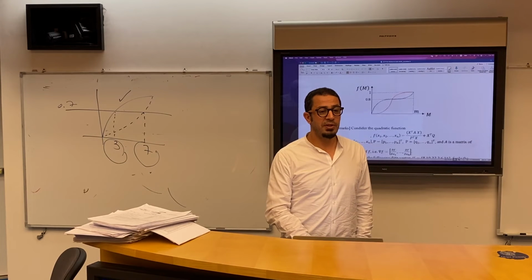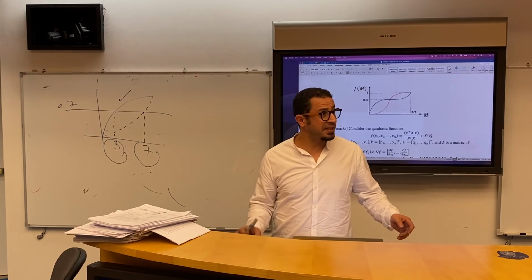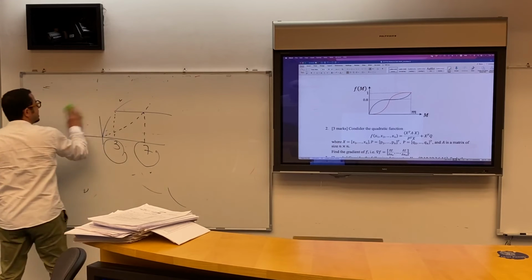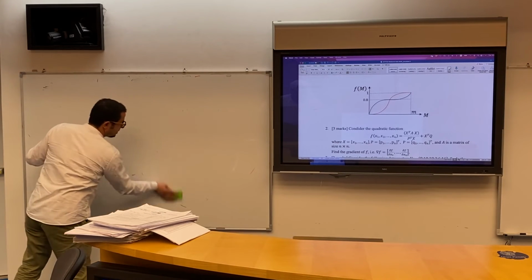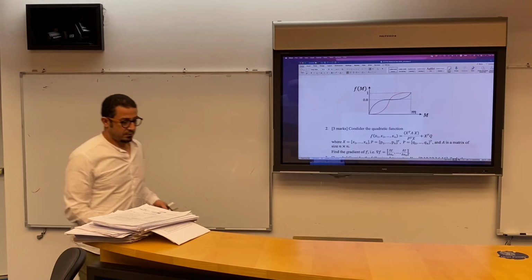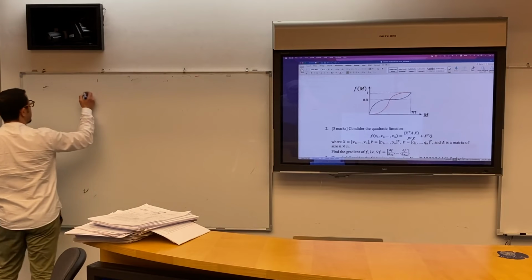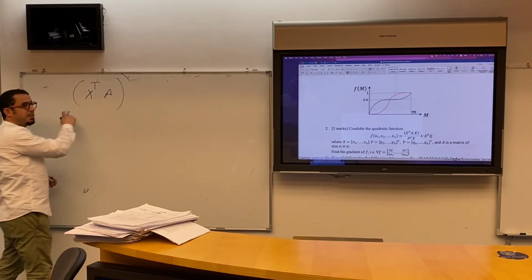Okay, let's do now the matrix derivative. What we did here about the matrix: if we have this one, what is the derivative of this one with respect to x, of course?